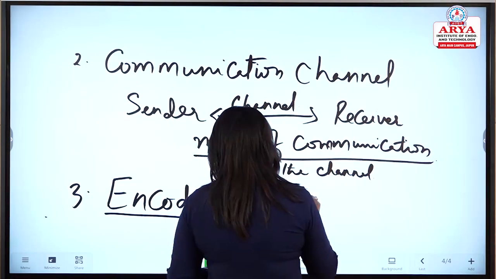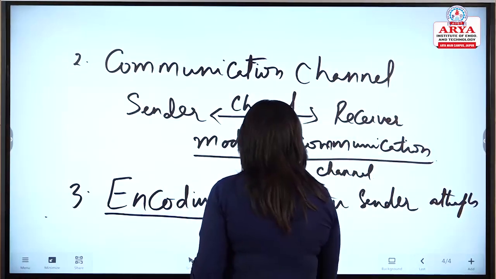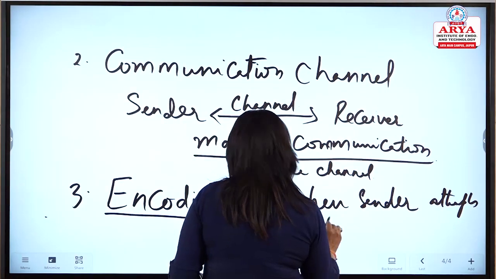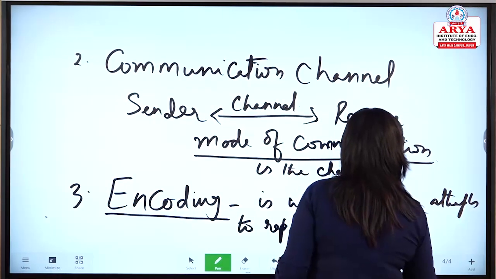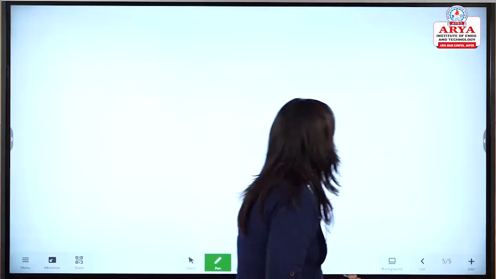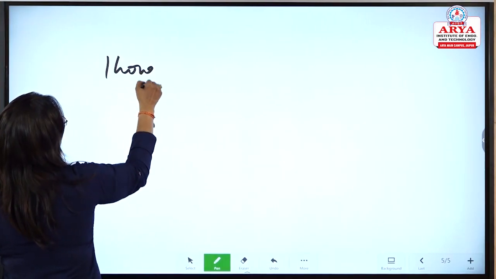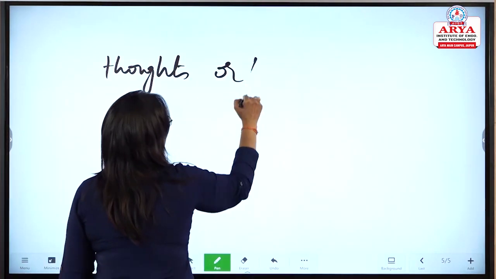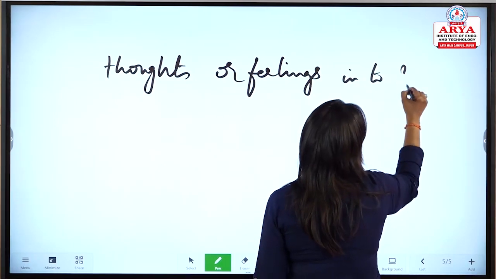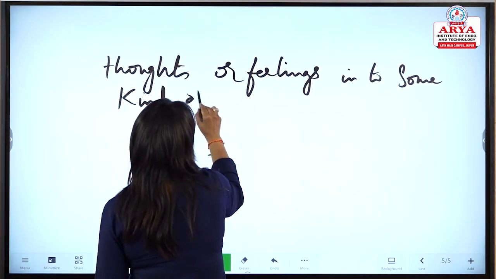Encoding is when the sender attempts to replicate his or her thoughts or feelings into some kind of external message.